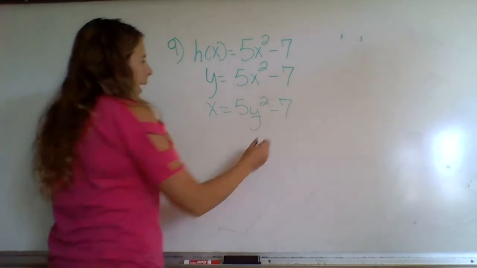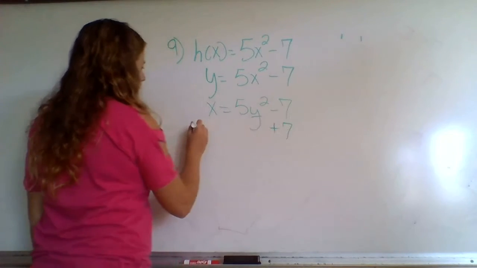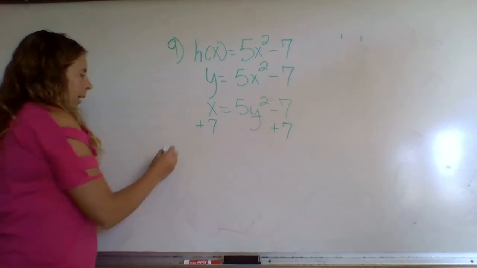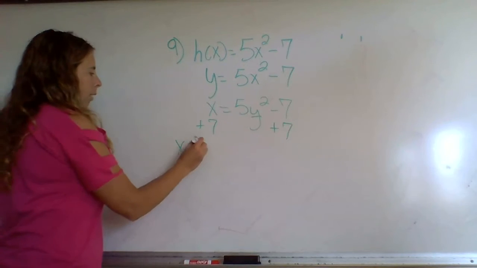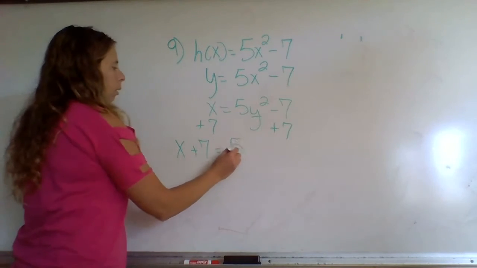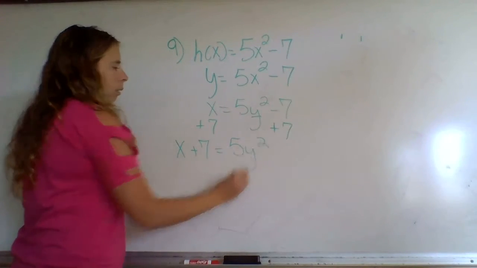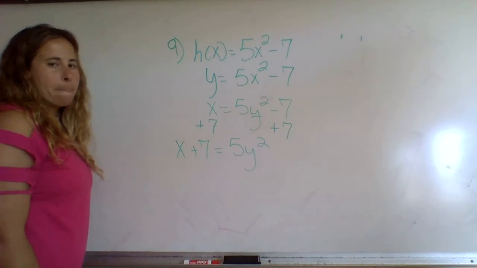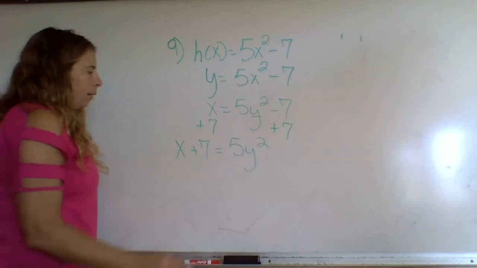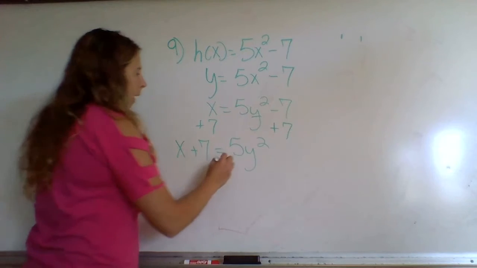So I'm going to add 7. So I get x plus 7 is equal to 5y squared. Divide by 5.